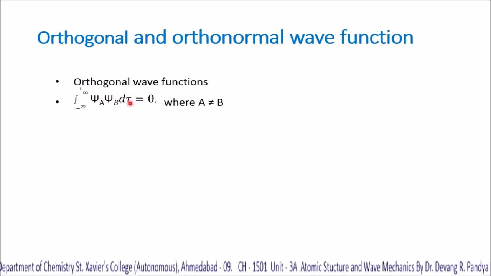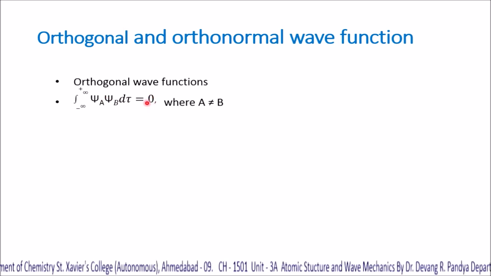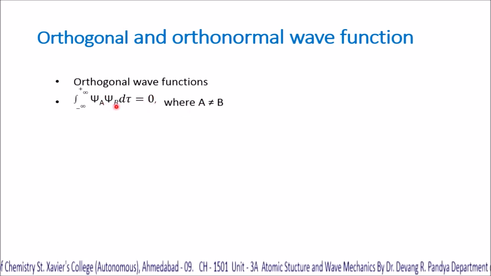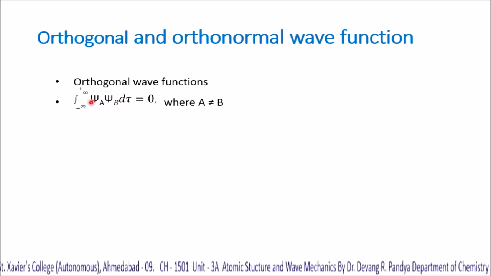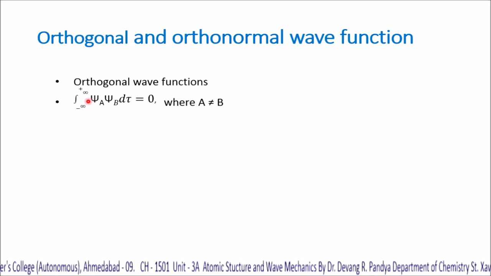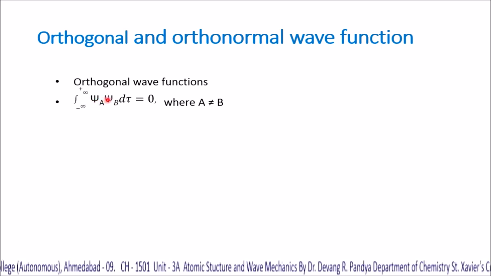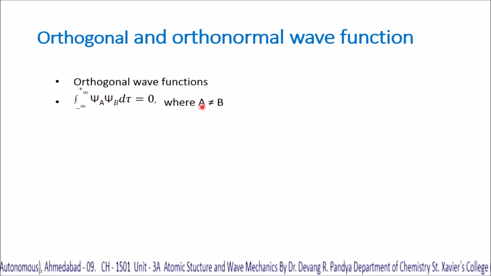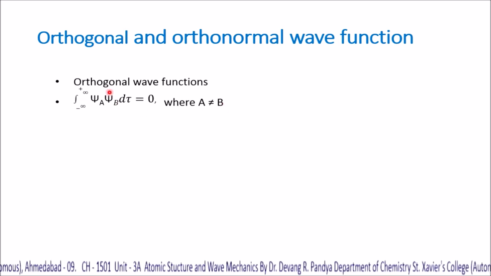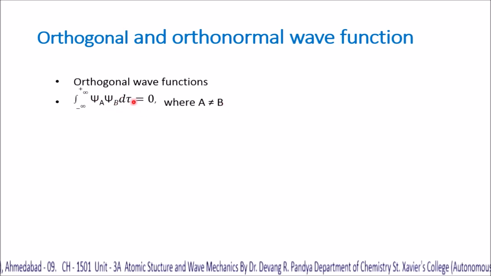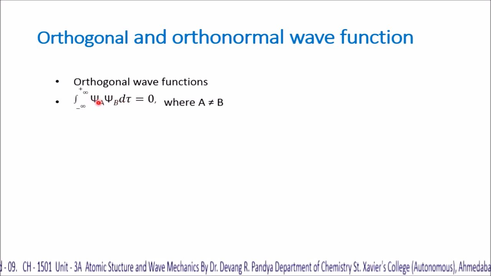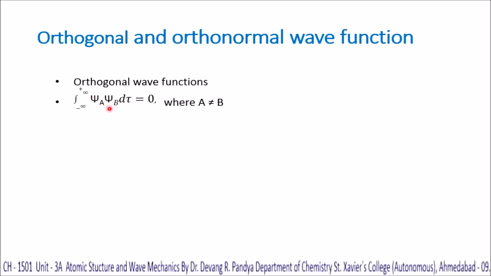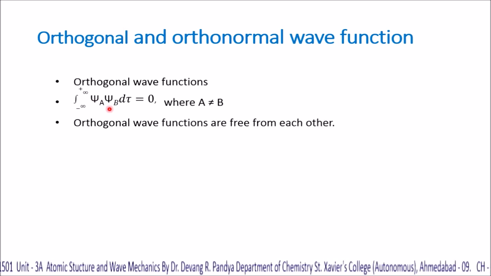If this integration value is 0, where psi a and psi b are the wave functions associated with particles a and b, which are not similar, and their integration results in 0, then there is an orthogonality relation between these two wave functions. You need to keep that in mind.